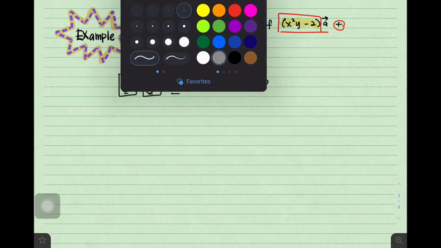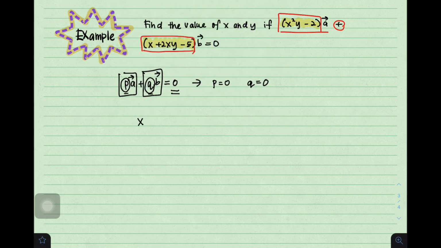So from here we have two equations, where the first one is x squared y minus 2 equal to 0. Okay, and the second one is x plus 2xy minus 5 equal to 0. So kita akan selesaikan equation ni untuk cari nilai x dan y.